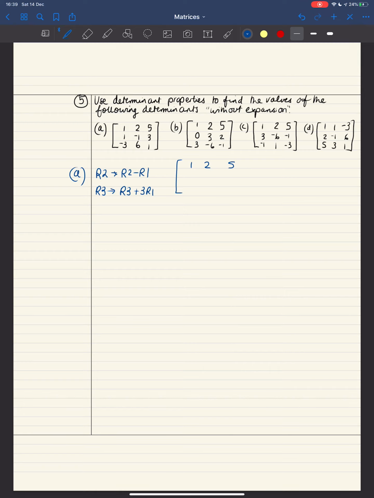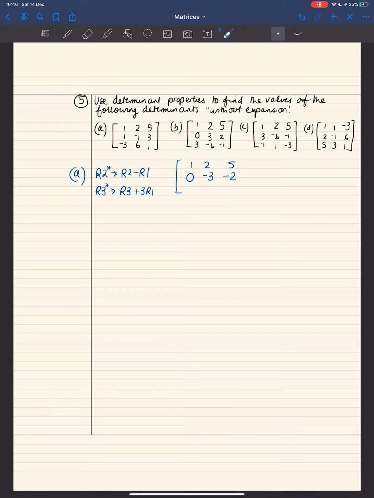Then for the next row, the new row 2, some people put a little star there for the new row 2 and the new row 3. The new row 2 is the old row 2 minus row 1, so 1 take away 1 is 0, minus 1 take away 2, minus 3, 3 take away 5 is minus 2.